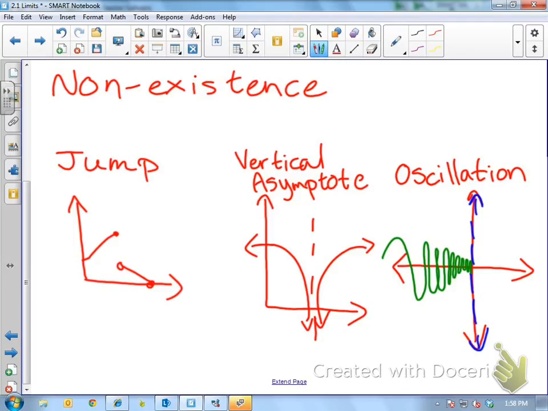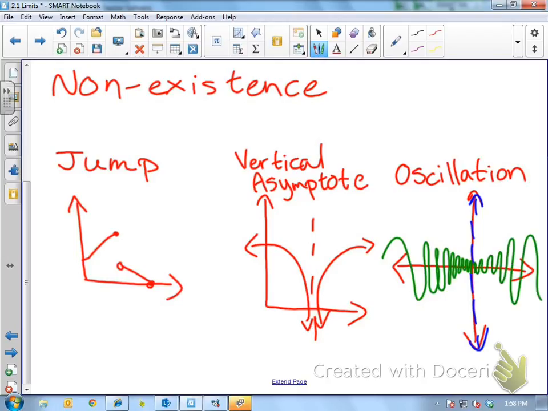This, we can't physically actually draw. We just have to know that this means it keeps going, bouncing up and down, up and down. If we zoomed in, it'd still be bouncing up and down. It's not actually stopping. We just can't draw it anymore. And then the right side looks the same.